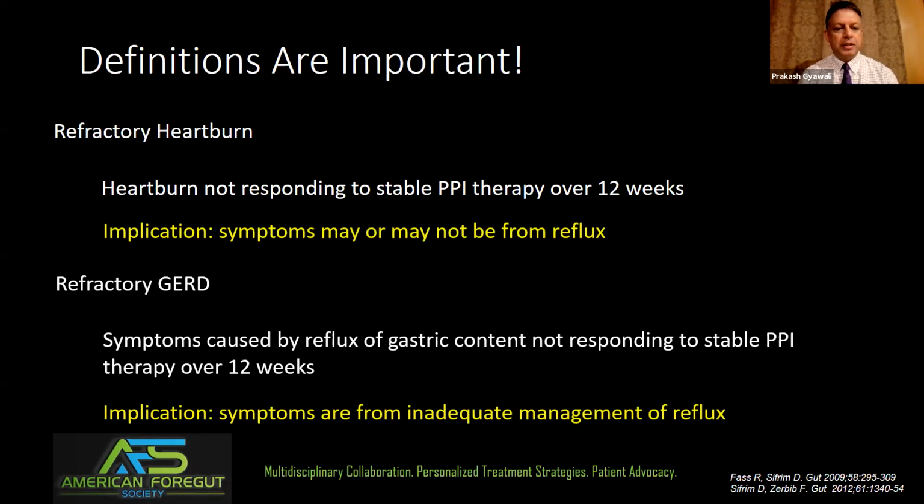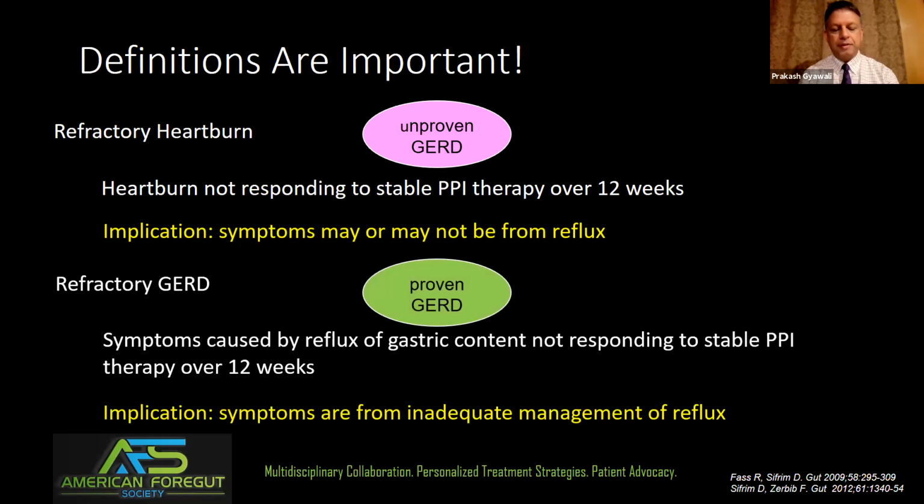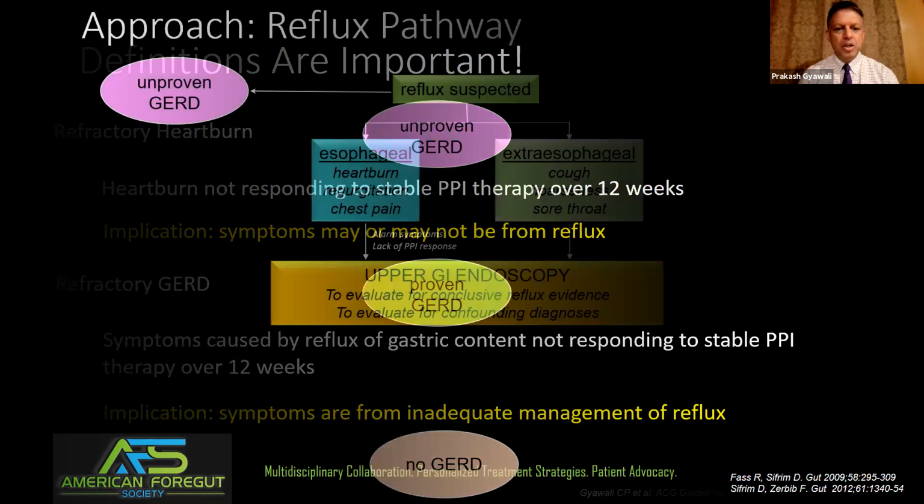Whereas when the symptom is refractory and you haven't done conclusive testing, symptoms may or may not be from reflux. So again, unproven GERD, proven GERD here, refractory GERD, using some of those Lyon consensus criteria that Chrissy talked about. And you have to distinguish or differentiate refractory GERD, proven GERD from no GERD.